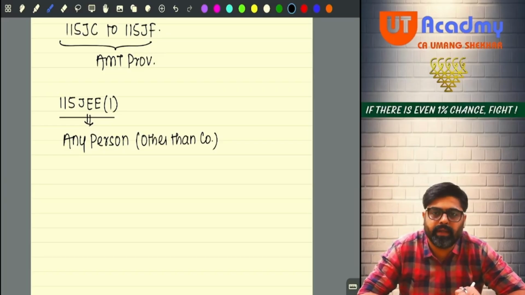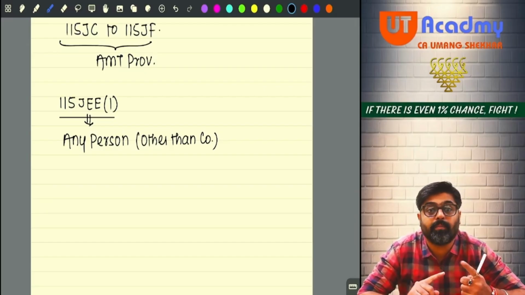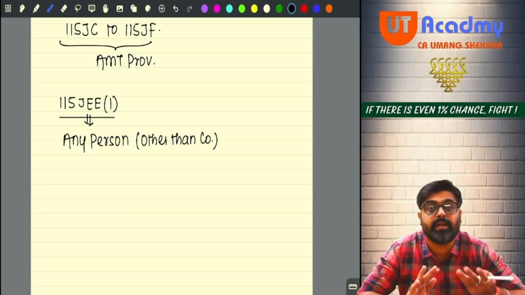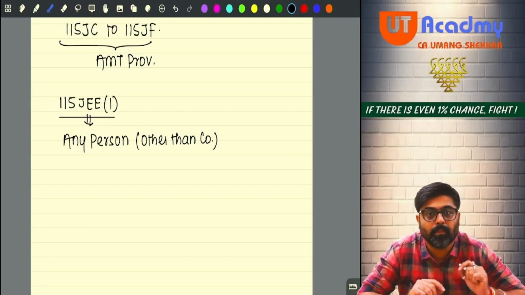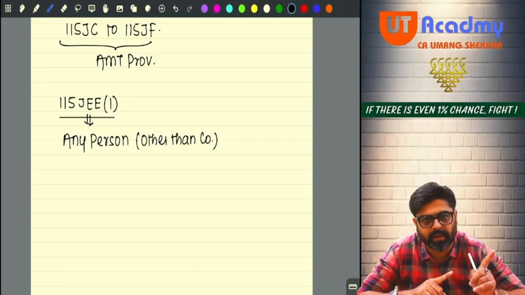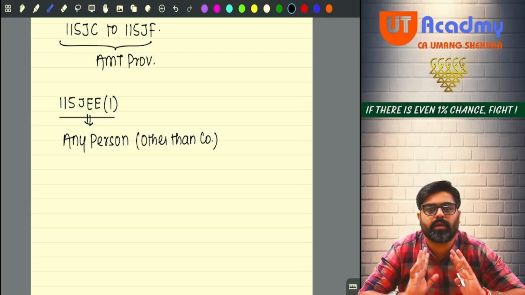So for companies, AMT provisions are not applicable. Why? Because for companies, MAT provisions are applicable, minimum alternate tax. AMT is not applicable, MAT is applicable. So if the company is already made liable to pay minimum alternate tax, hence companies are not made liable to pay alternate minimum tax.